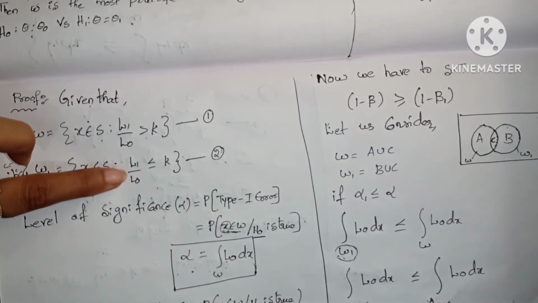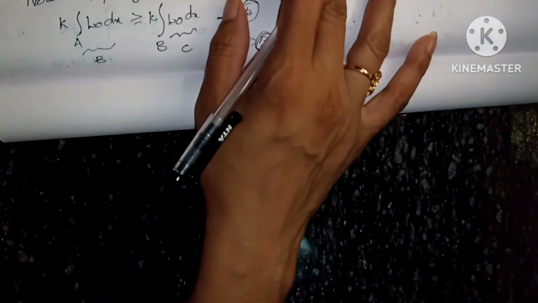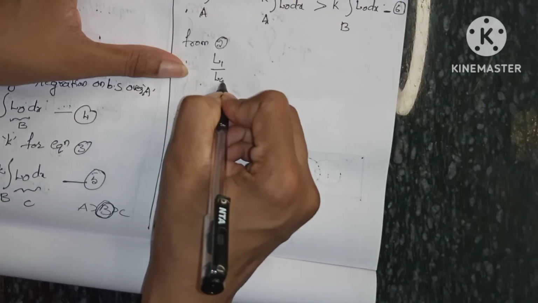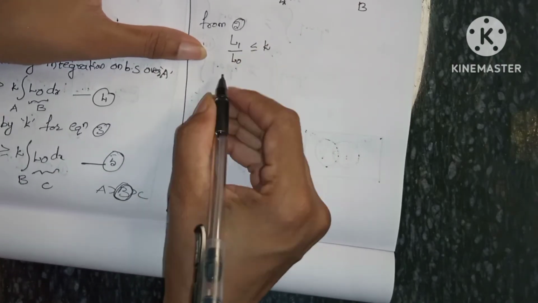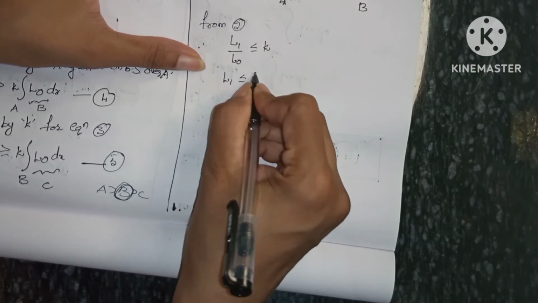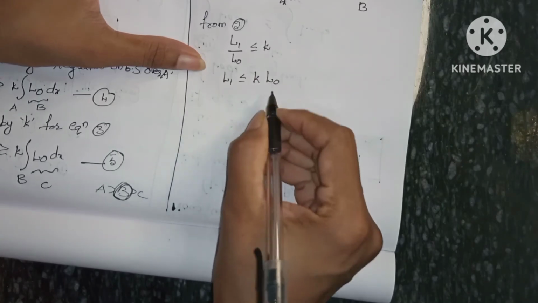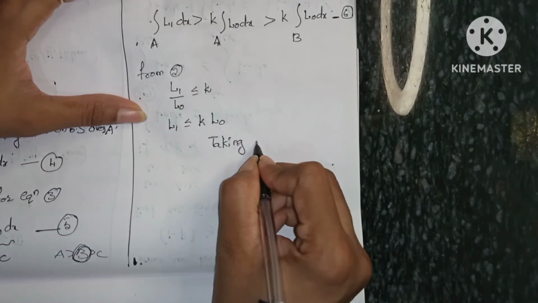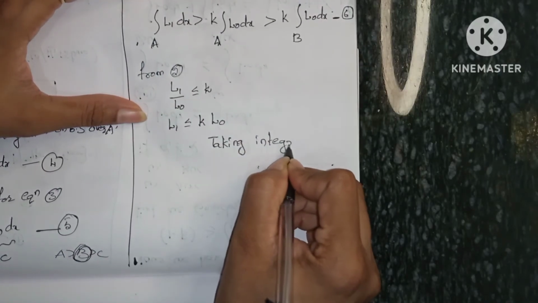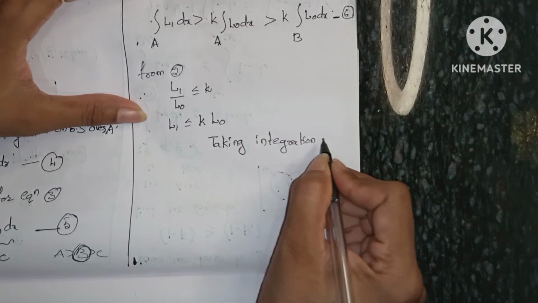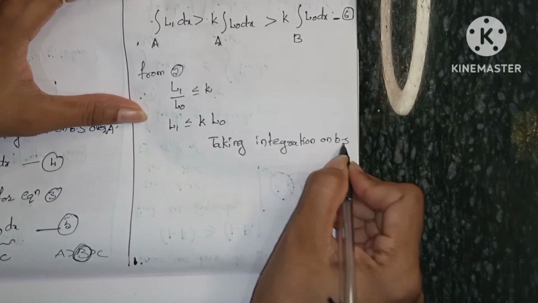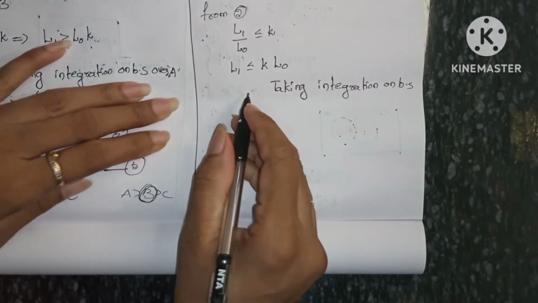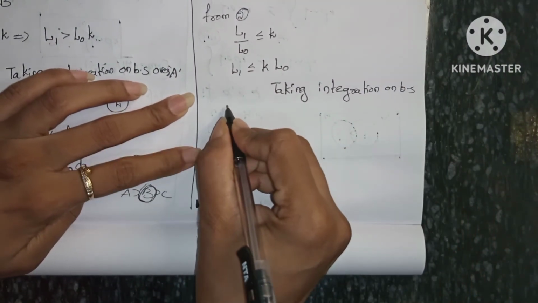Equation 2 is nothing but L1 by L0 less than or equals to K. So L1 by L0 less than or equals to K. So L1 less than or equals to K into L0. Now taking integration on both sides.